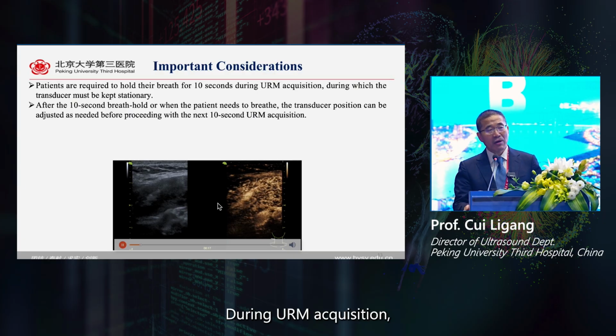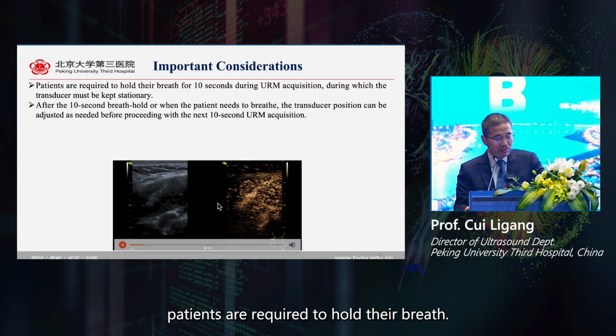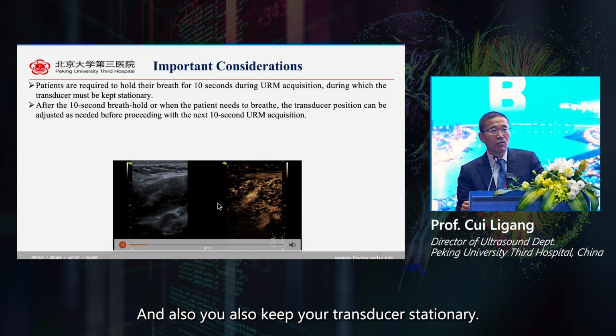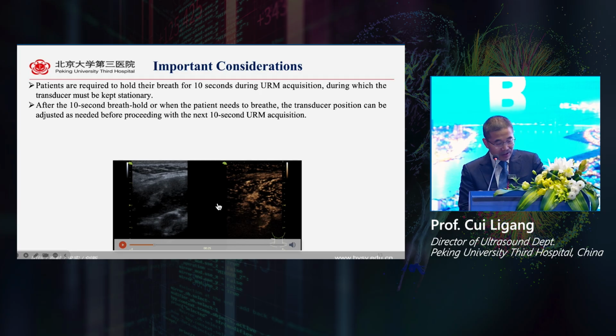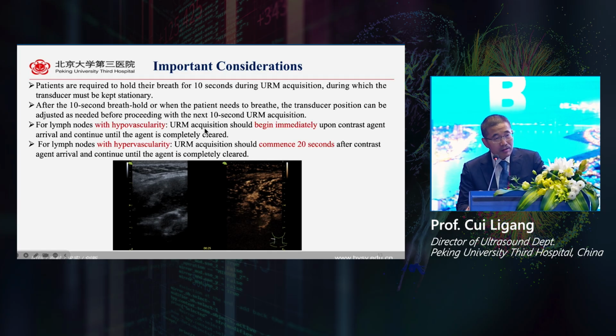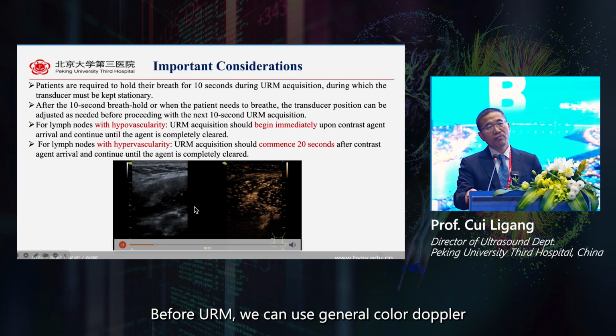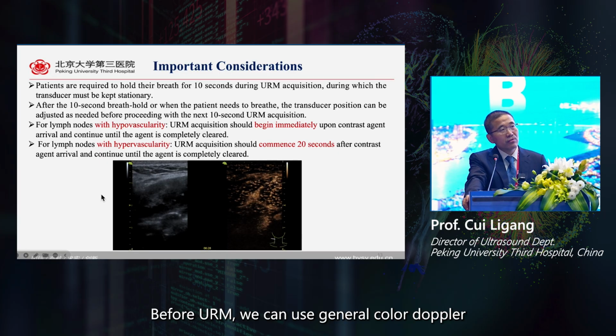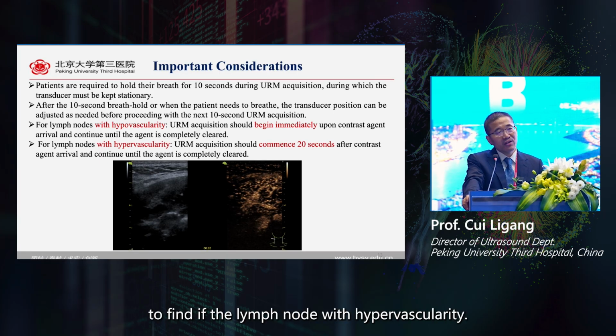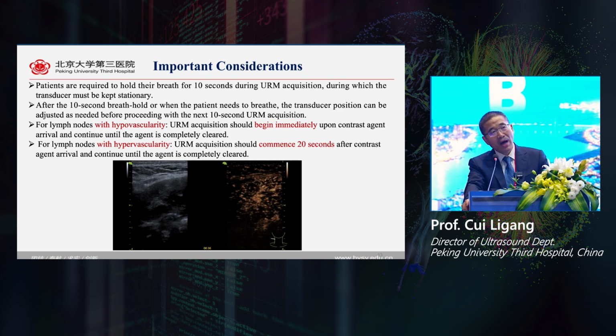During URM acquisition, patients are required to hold their breath, and you should also keep your transducer stationary. Before URM, we can use general color Doppler to find out whether the lymph node has hypovascularity or hypervascularity.